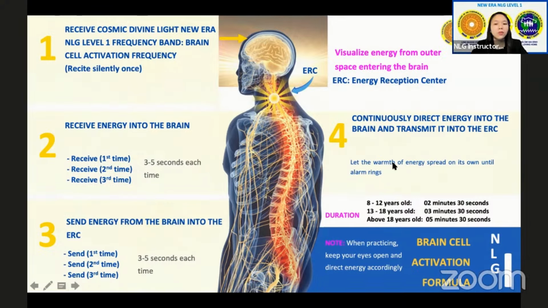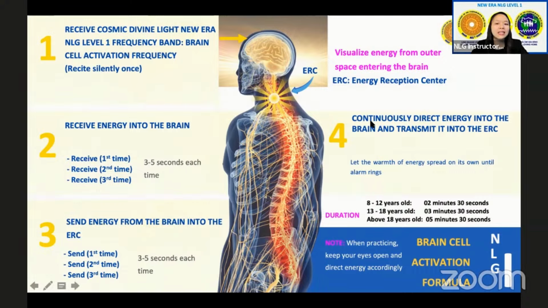So here it says, let the warmth of energy spread on its own until the alarm rings. So what you do is, of course, you set your timer according to your age. The minute you start your timer, you begin from step 1, then 2, then 3, and then 4. By the time you get to step 4, stay in step 4. Do not go back to steps 1, 2, and 3. You stay in step 4.